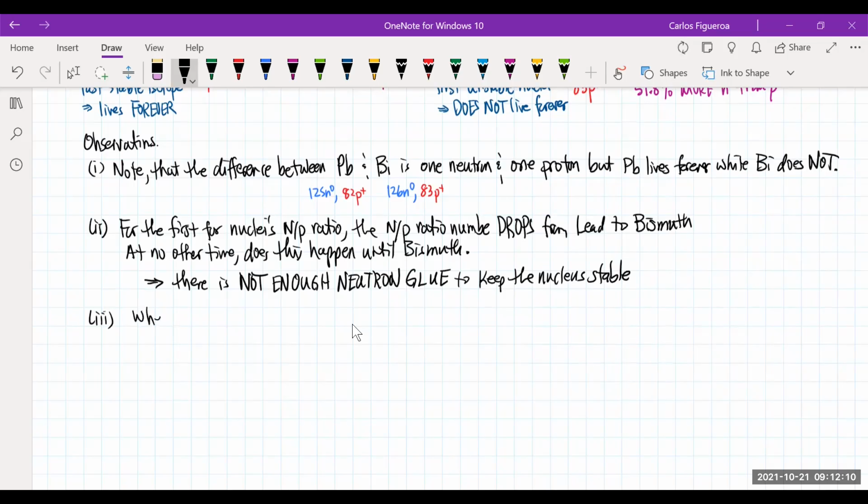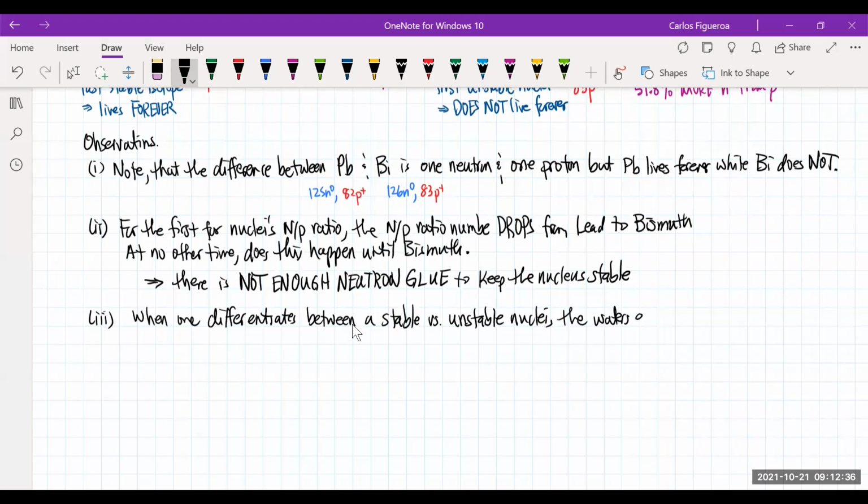So when one differentiates between a stable versus an unstable nuclei, the waters can get murky or brackish. I think that's the way you spell murky. If it's not, it's okay.